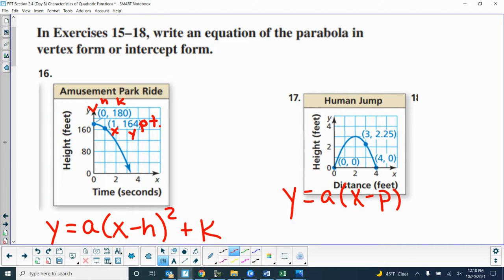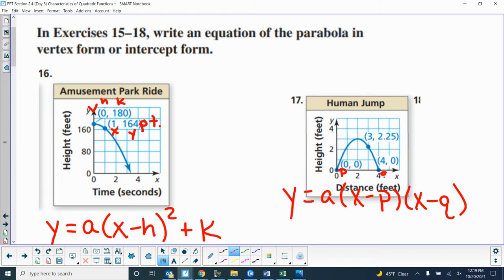Again, one of these is P, and it's the X value. And one of these is Q. Does it matter which one's which? It doesn't matter. But it's the X value. Okay? And then again, the point it passes through would be the X and the Y when you plug into here to find A. All right?